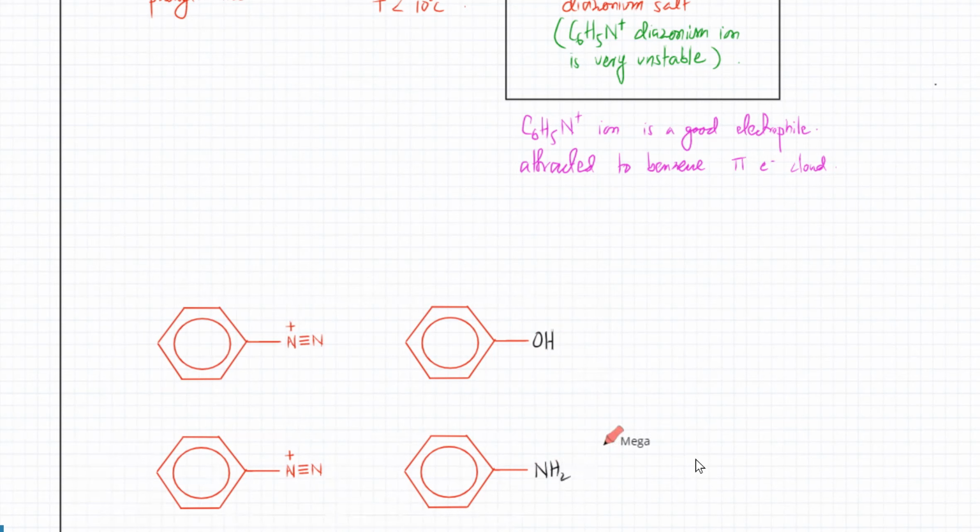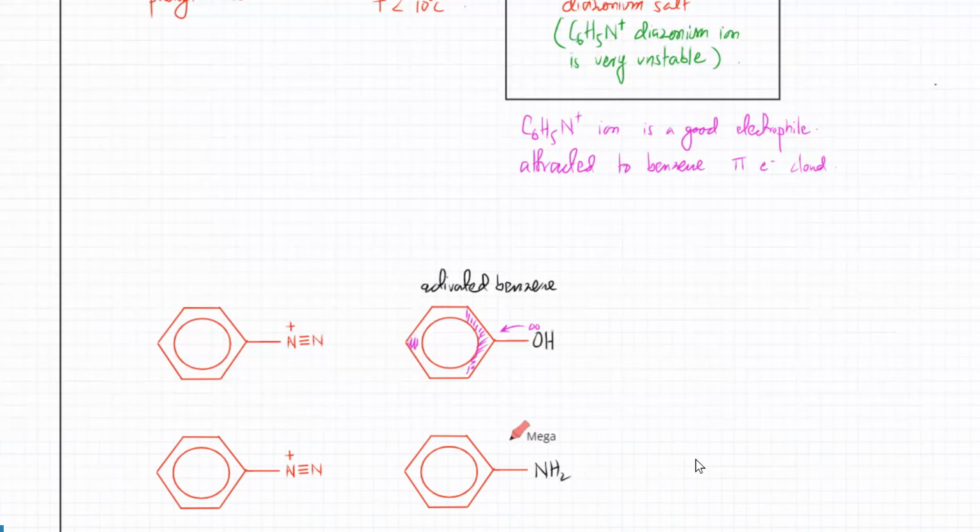This has to be an activated benzene, the one that has high electron density in its pi electron cloud. Why does it have high electron density? Because the lone pairs on oxygen overlap with benzene's pi electron cloud, and when they overlap, the electron density increases at positions 2, 4, and 6.